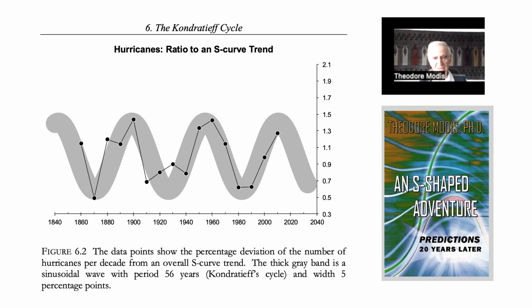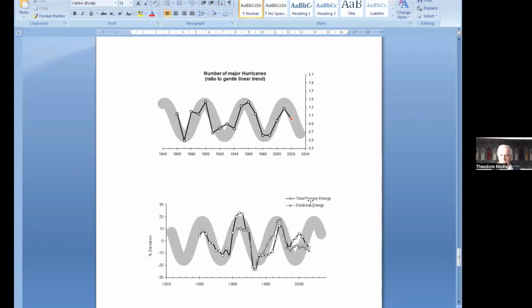It doesn't always work so well, because if you look at the electricity produced in America, things get messy. I had this up to here in my first book, and it looked rather reasonable. Two types: electric energy and total primary energy. They seem to oscillate in rhythm with this snake, which is the same as the snake above, but it breaks down in recent years.